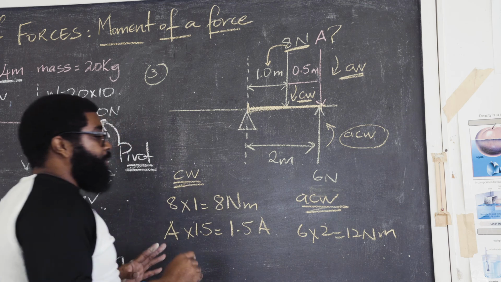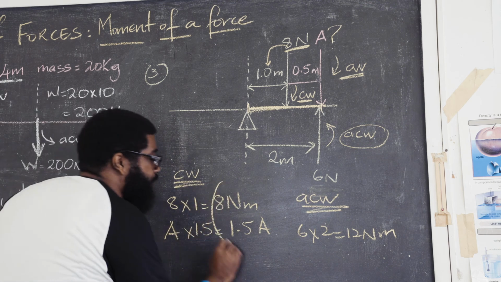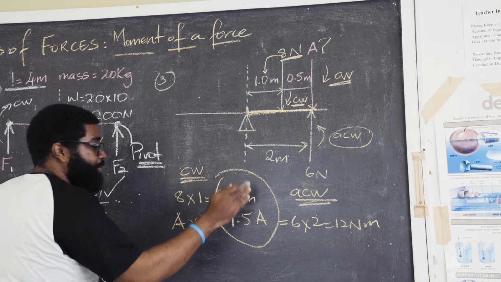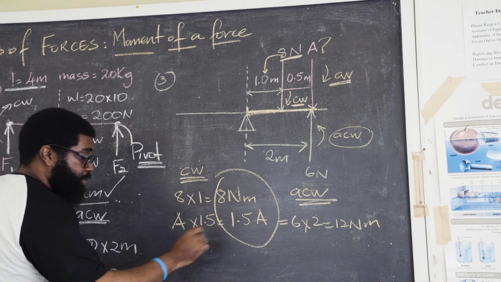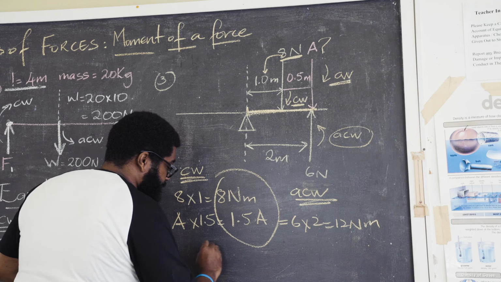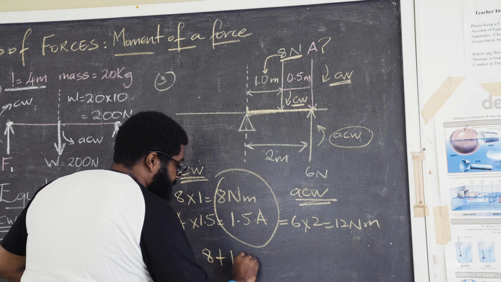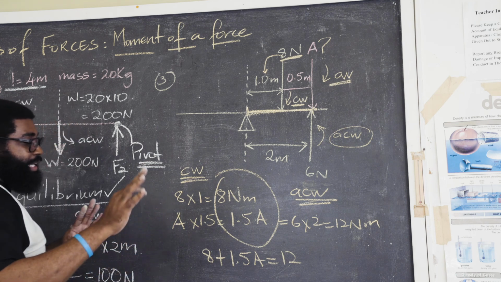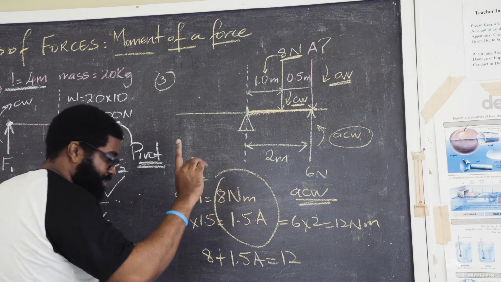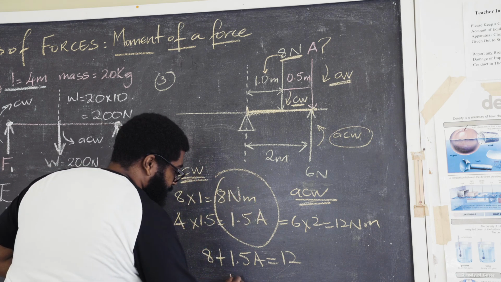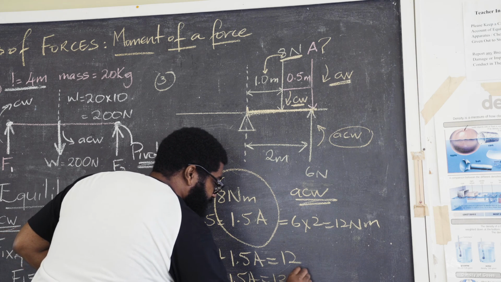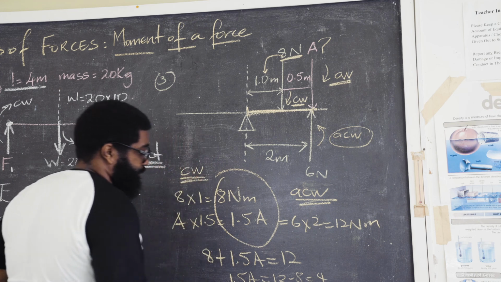So by the principle of moments, the sum of these two is equal to this. This plus this is that. So if I had to write it out, it would be 8 plus 1.5 A is equal to 12. I know I left units out. I'm running out of space. That's why. Now, 1.5 A is 12 minus 8, which is 4.